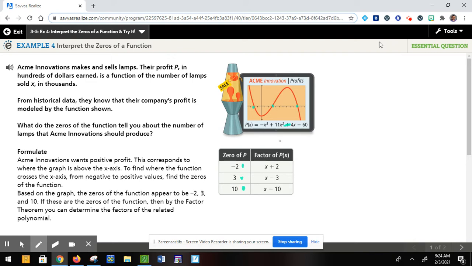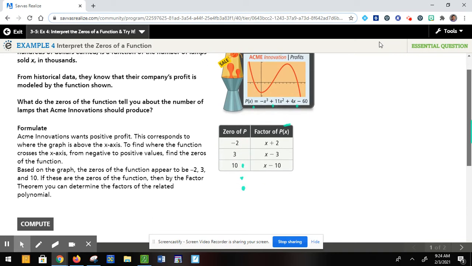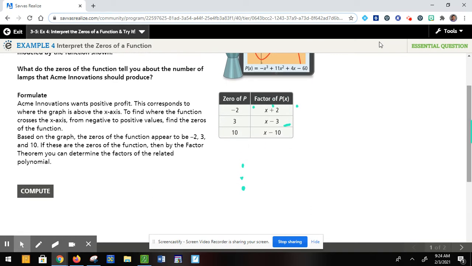Based on where the zeros are, you can get the factors. The factor theorem that they're referring to at some point in the notes. Then by the factor theorem, you can determine the factors that come from those zeros.